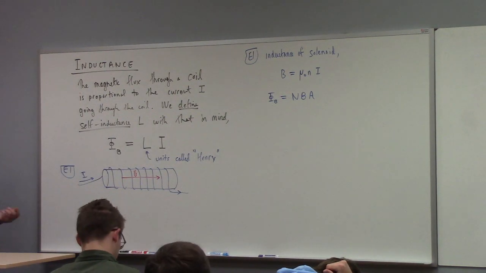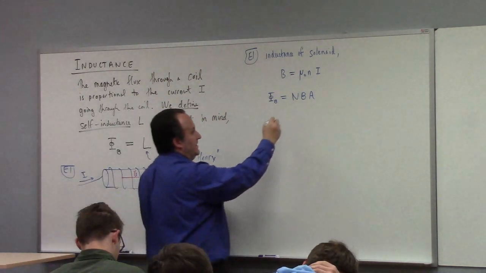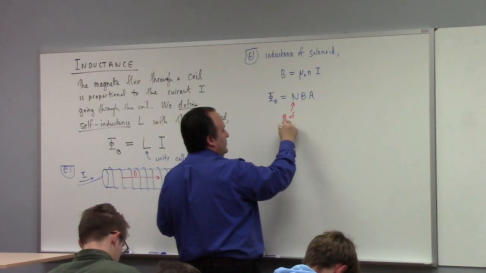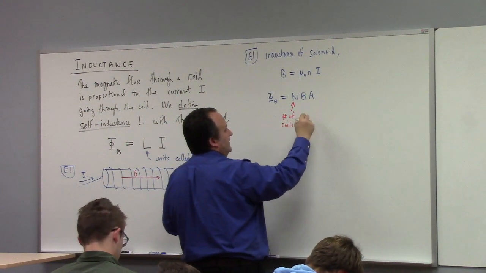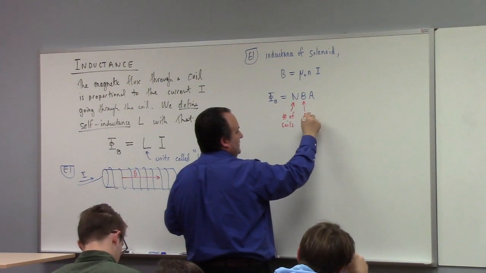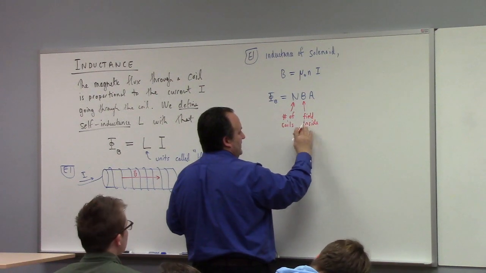So here N is the what? Yeah, number of coils, or loops if you like. B is the field inside the loops, inside the coil, right?